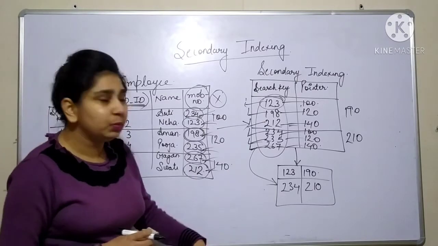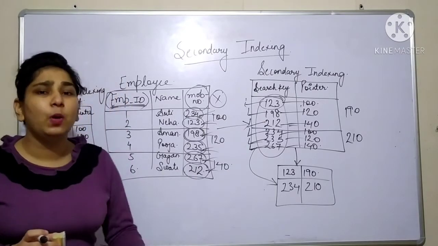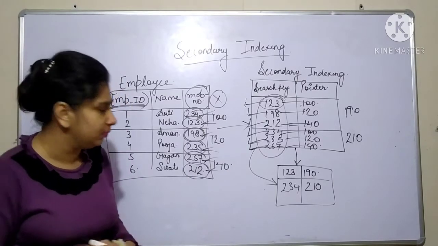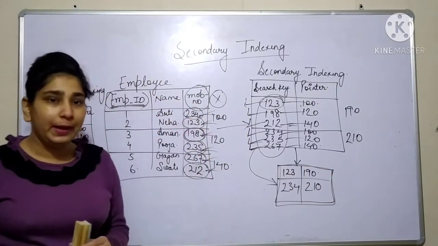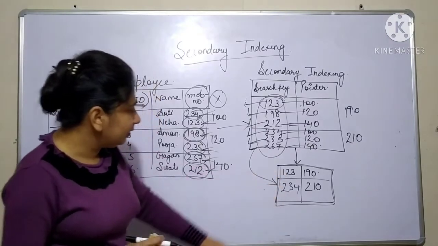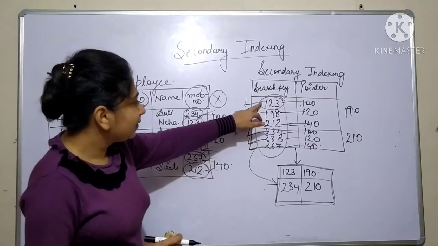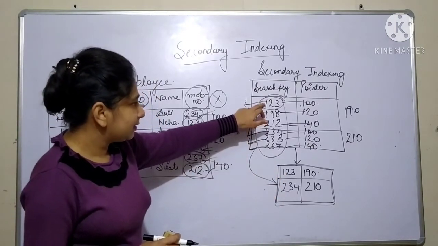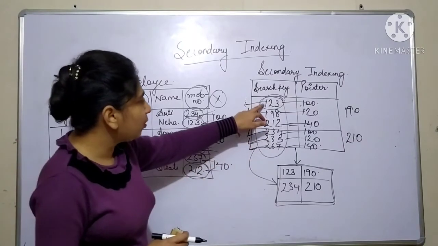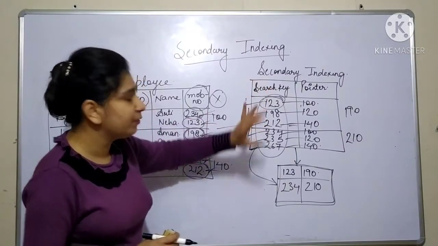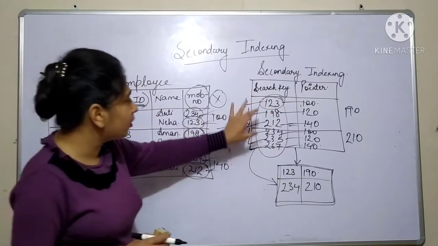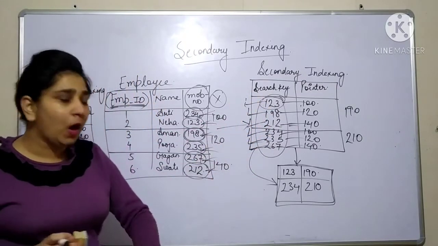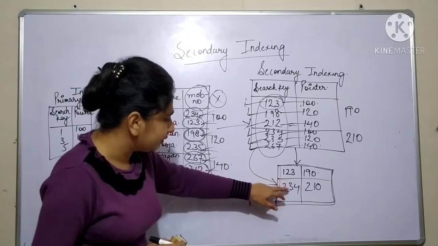Now, as I want to reduce my searching time, I am making one more table. In this table, the first search key, the first mobile number present in this block, the first mobile number of each and every block I am writing here.